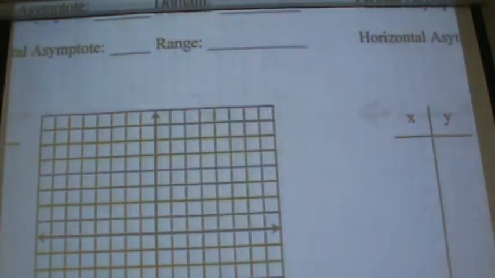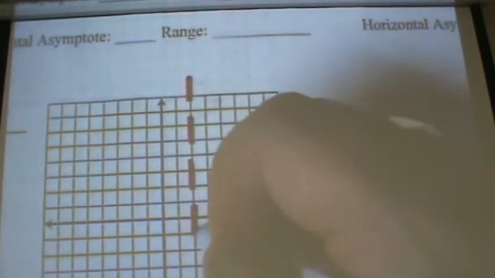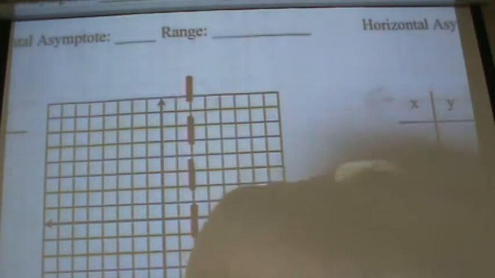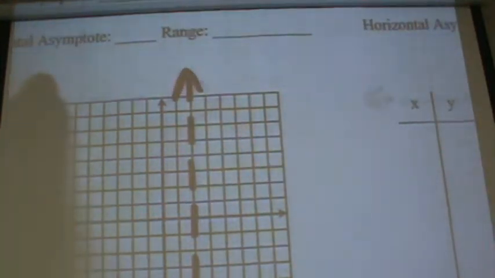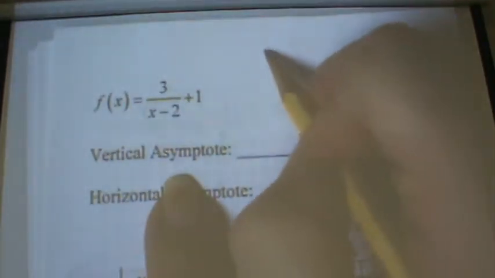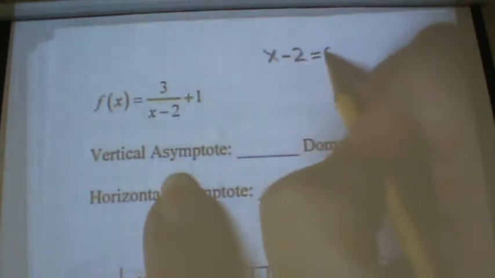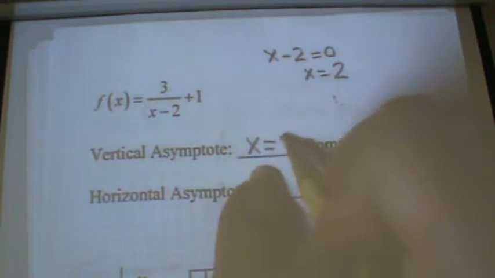So our new vertical asymptote is at x equals 2. Your vertical asymptote is found by taking this little piece right here, setting it equal to 0, and solving. So what is x? x is 2.